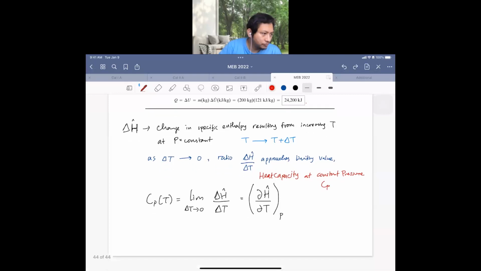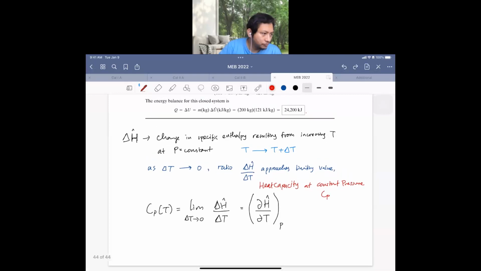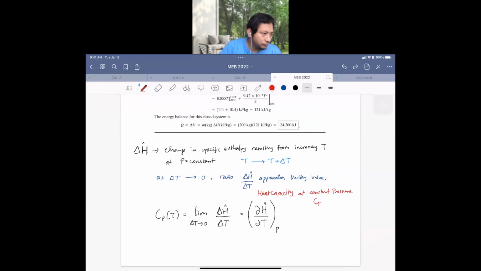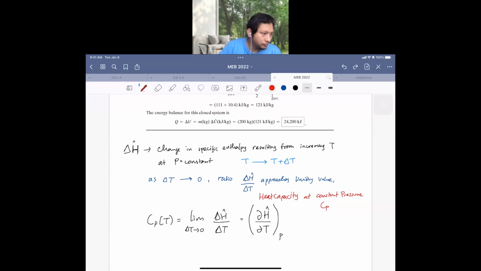Now from these equations, let me write the equations on the next page. At least you get the idea first. It's a similar approach. The difference is now we have a constant pressure rather than a constant volume. In the previous one we have the U, the internal energy. Now we have the enthalpy.